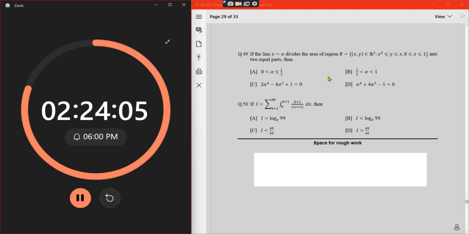What do you get? Just alpha power 4 minus 2 alpha squared plus 1 upon 2 is equal to 0, right? Yeah. So alpha squared minus 1 whole squared is equal to 1 upon 2. So alpha squared has to be 1 plus 1 upon square root of 2 or 1 minus 1 upon square root of 2. Both work, okay, whatever.